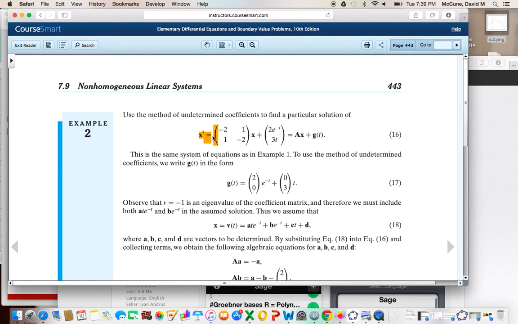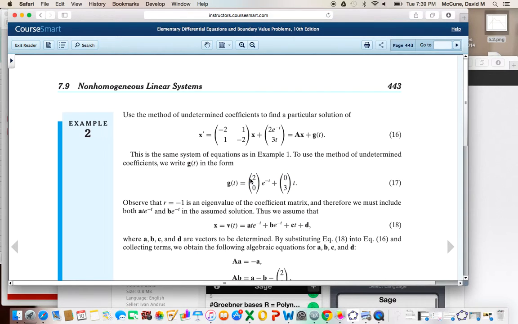Notice this is the exact system I had on the slides, and they're going to solve it using undetermined coefficients. Okay, so first things first, notice they take this 2e to the negative t, 3t vector, and write it like this.